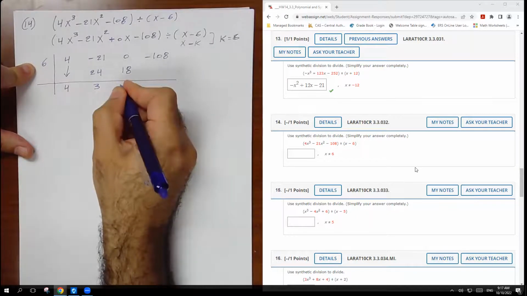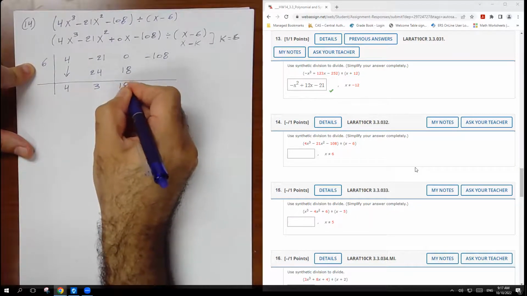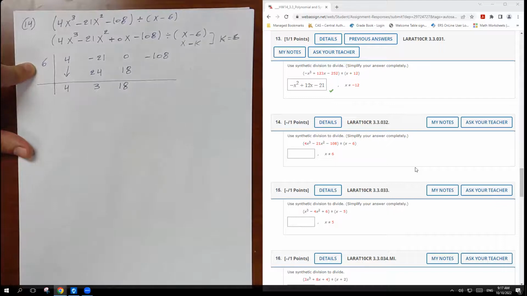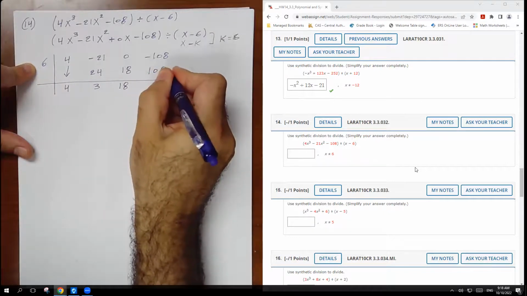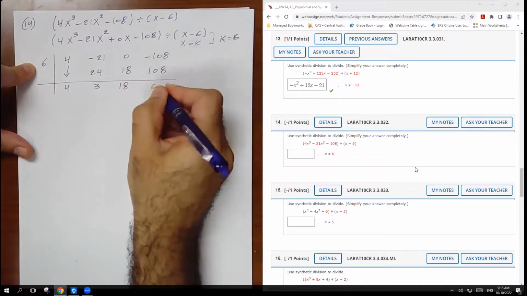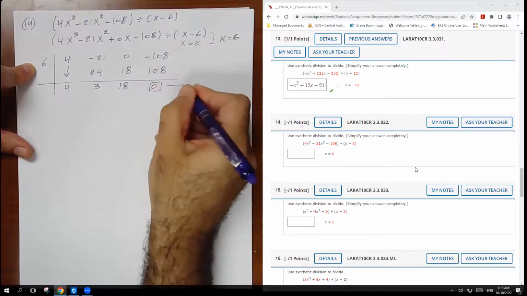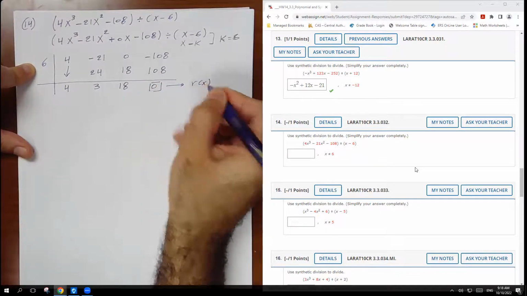Add these together is going to be just 18. Now 6 times 18 is going to be 108. Add these together is going to be 0. So the remainder is 0.